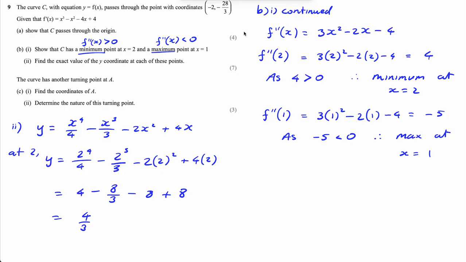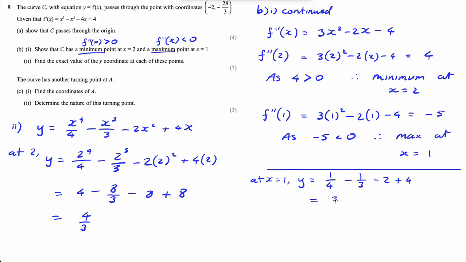Then at x equals 1, y equals, we just sub in 1 here, so this is 1 over 4 minus 1 over 3 minus 2 plus 4. Feel free to use your calculator, guys.